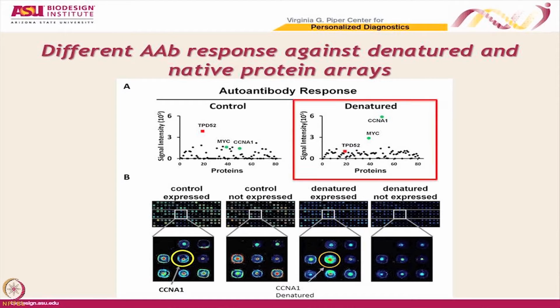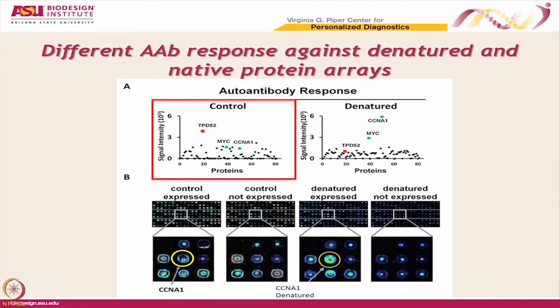Here you see the denatured protein, and then here you see the under standard conditions. And here you can see that this antibody here specifically detects, under standard conditions, whereas these two antibodies only detect cyclin A and MYC under denatured conditions.